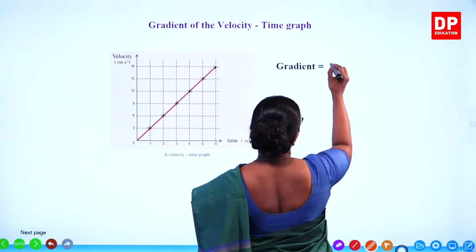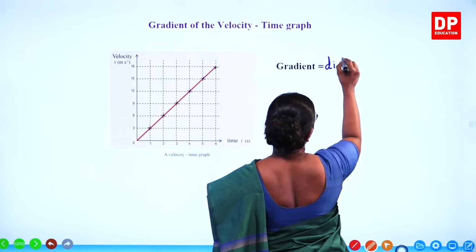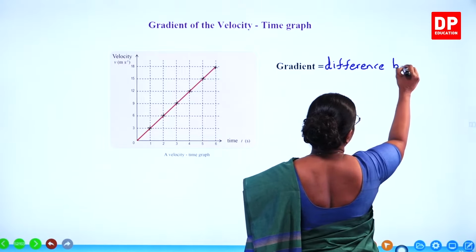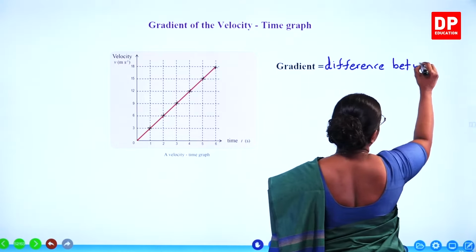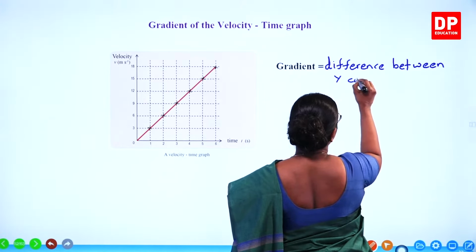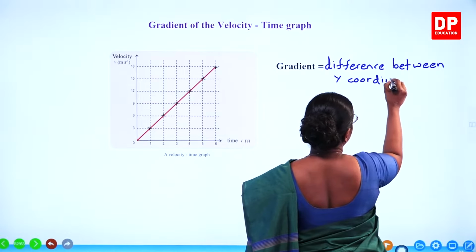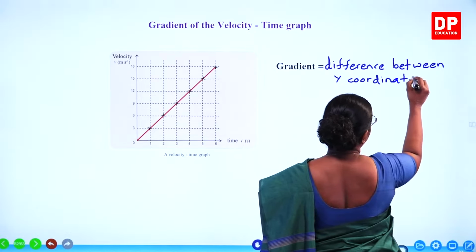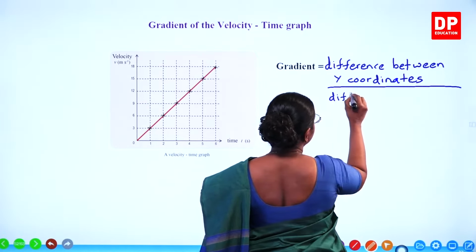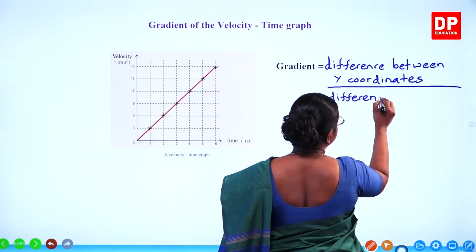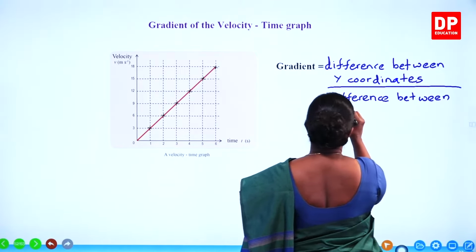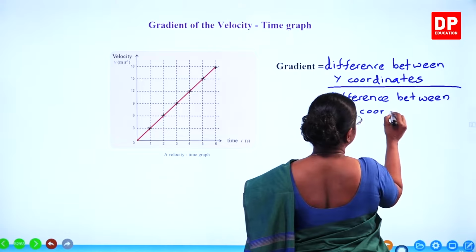So if I write the equation here: difference between y coordinates divided by the difference between x coordinates.